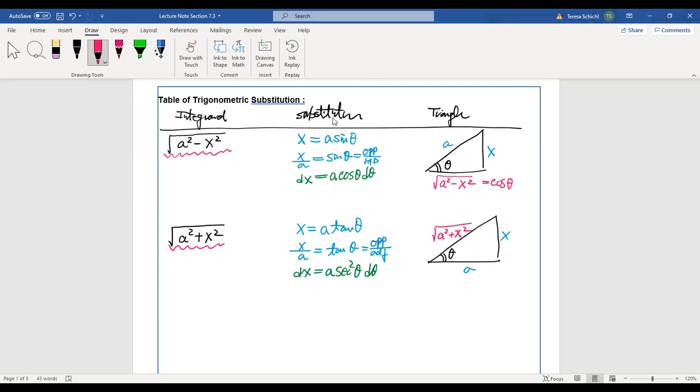So now, what is this one going to be? We know the tangent and secant always have a relationship. So if you say this is the secant theta, what is secant?